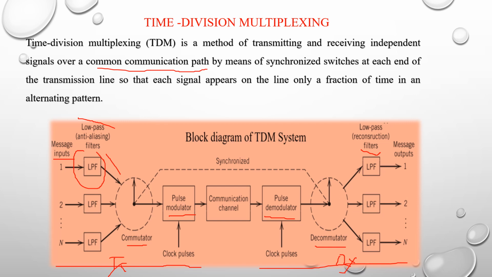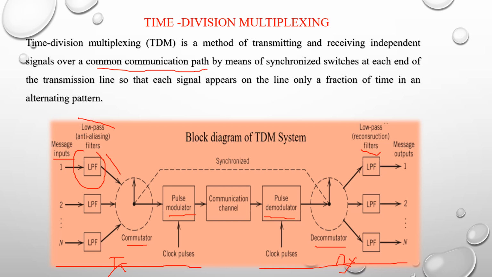The pulse demodulator receives the signal and converts it into the original form. The output of the pulse demodulator is applied to the decommutator. The decommutator is an electronic switch.